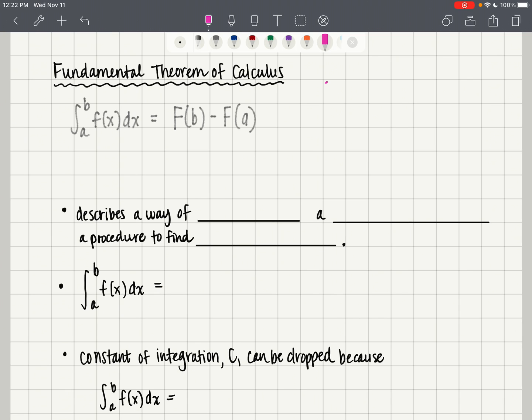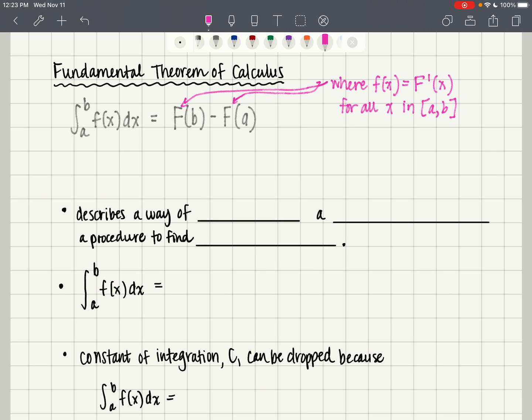Remember, capital F is where lowercase f of x is equal to the derivative of capital F of x for all x in the interval a to b. Basically what that means is that capital F is the antiderivative of lowercase f.